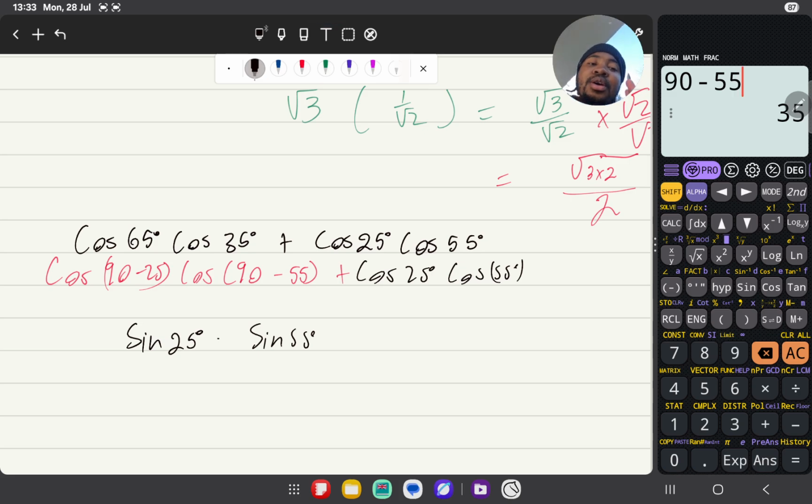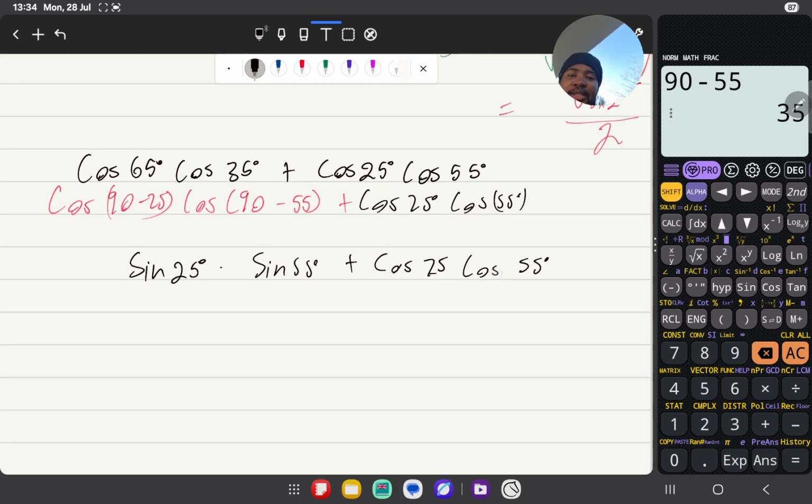But remember, the signs could be tricky. Remember 90 minus theta is in the first quadrant, in which all angles are positive, so you will have it like this. Then you have plus cos 25 cos 55.